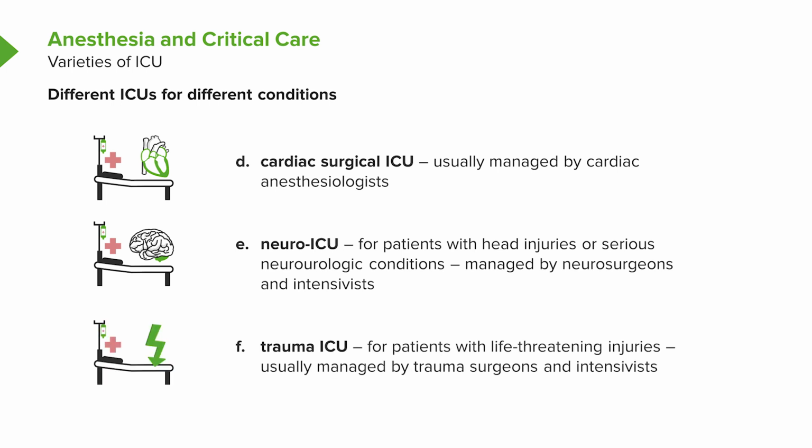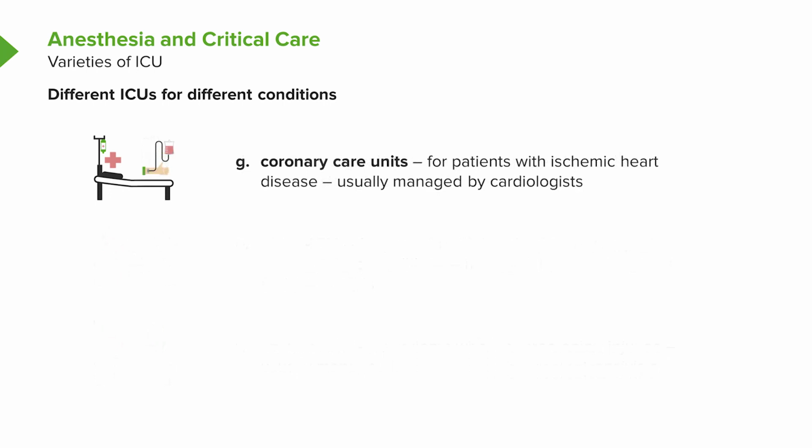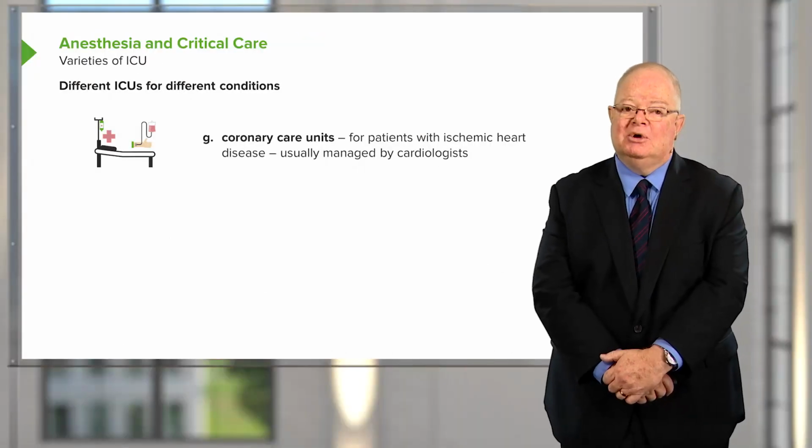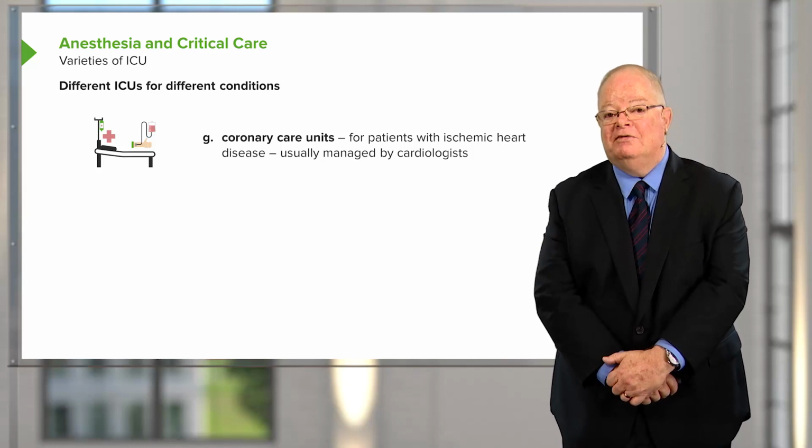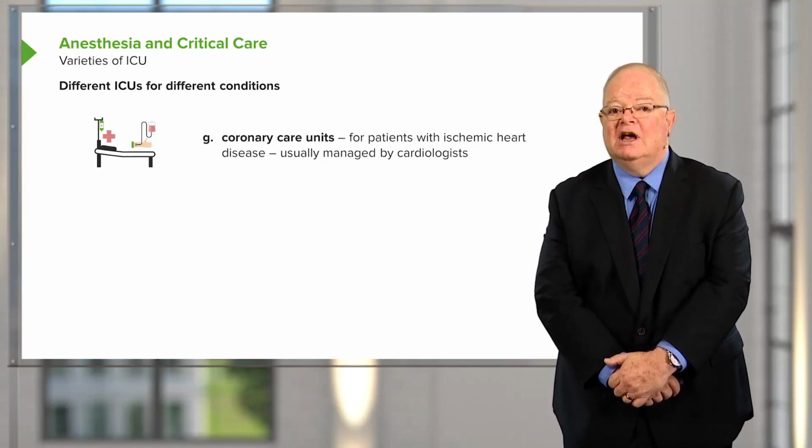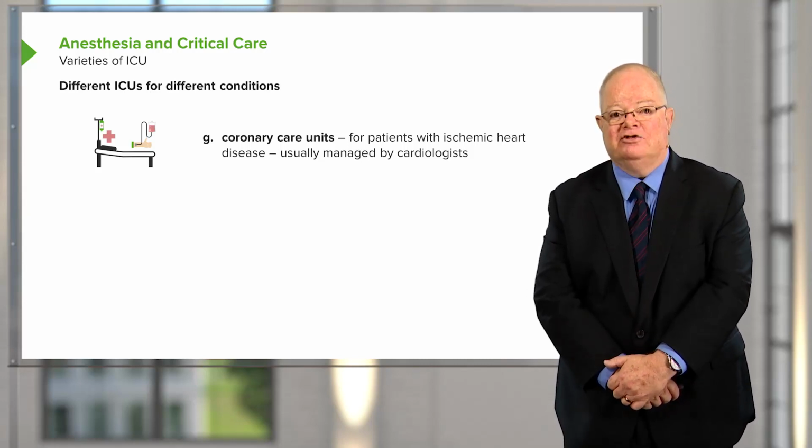There are trauma ICUs for patients with life-threatening injuries following trauma, and these are usually handled by trauma surgeons and intensivists in partnership. And finally, there are coronary care units for patients with ischemic heart disease, which are usually managed by cardiologists. In addition, one that I haven't put on the slide, but one that is often considered an ICU is the post-anesthesia care unit, the PACU, which I discussed in an earlier lecture.